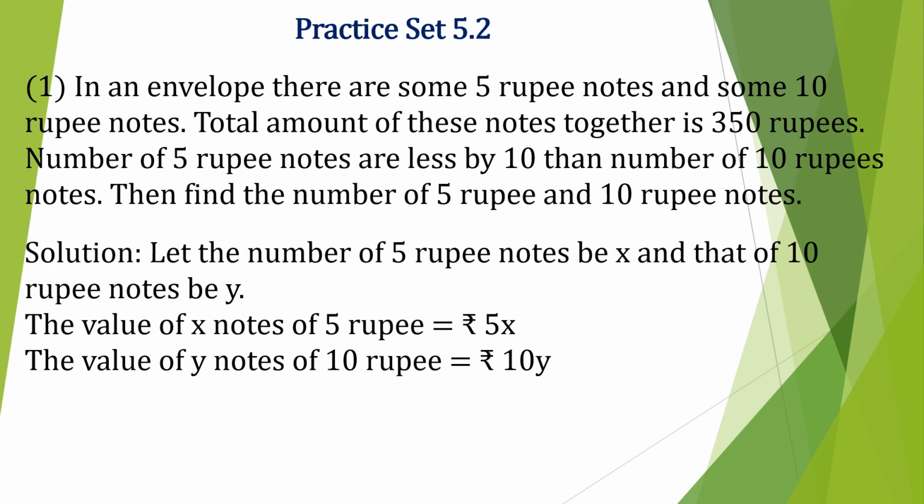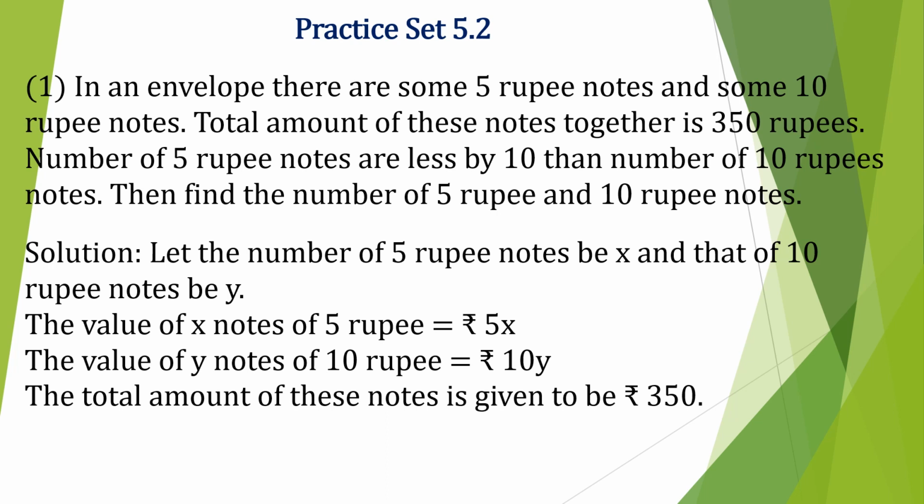Now, the first condition: the total amount of these notes together is 350 rupees. If you add both these notes, you'll get a total of 350 rupees. So this is our first condition, that is 5x plus 10y is equal to 350.